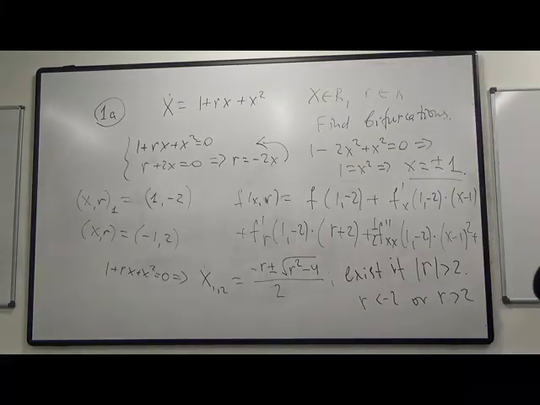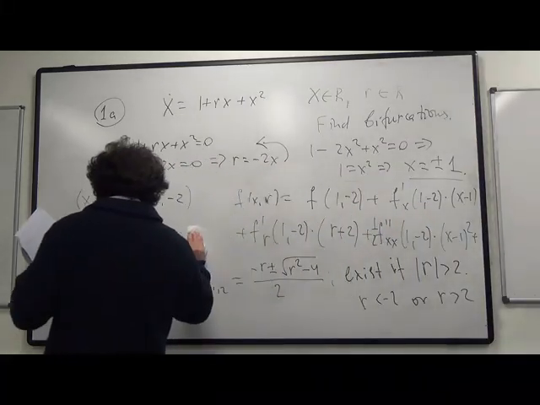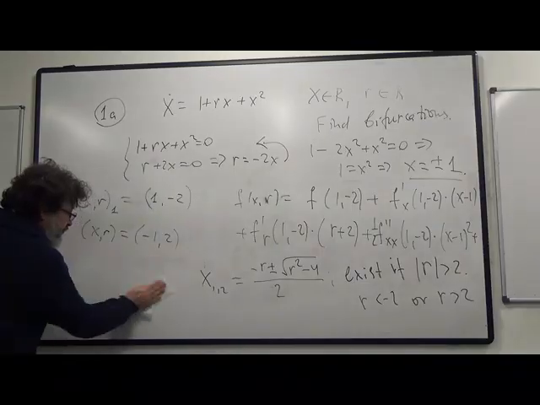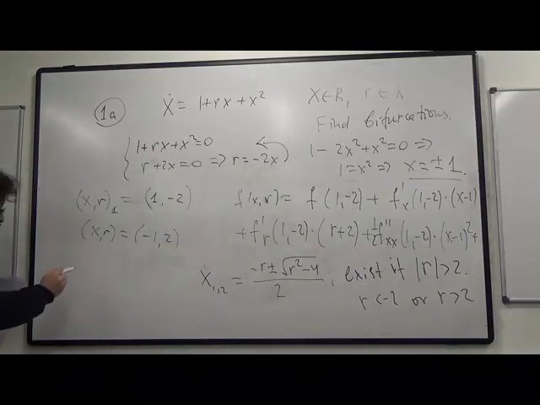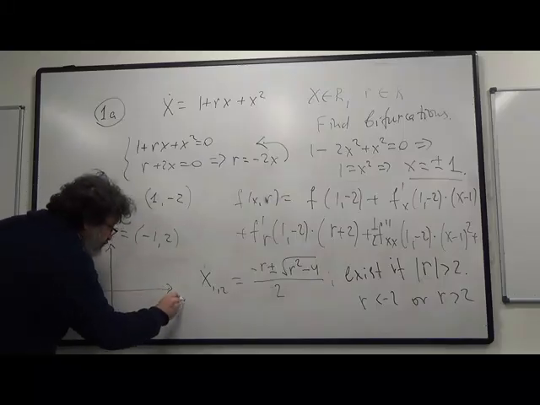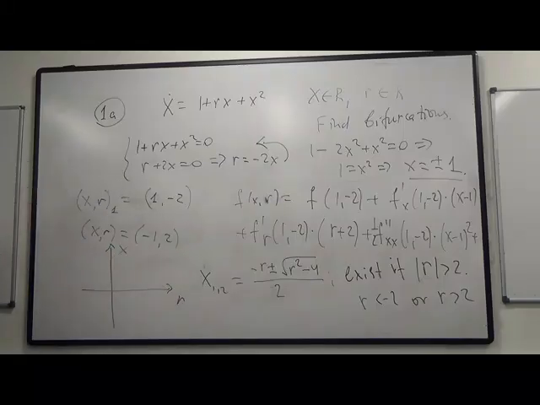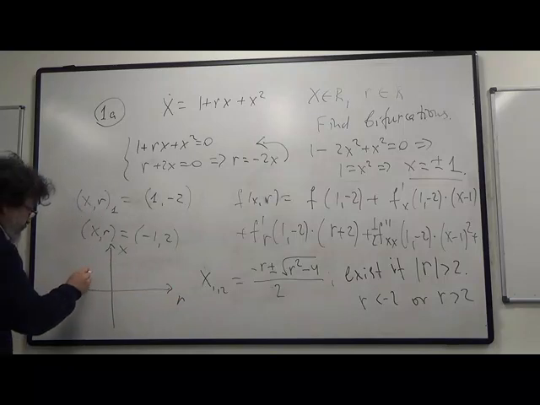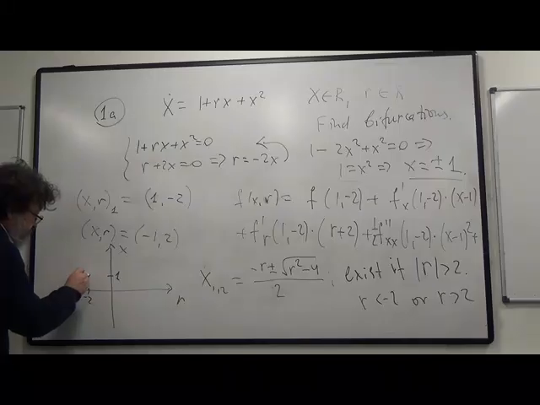Usually I ask to plot the bifurcation diagram. I used to ask at least. So one point is x equals 1, r is minus 2. So it is this point.